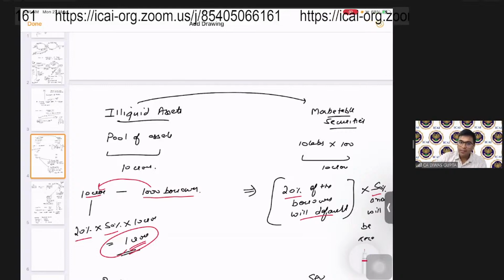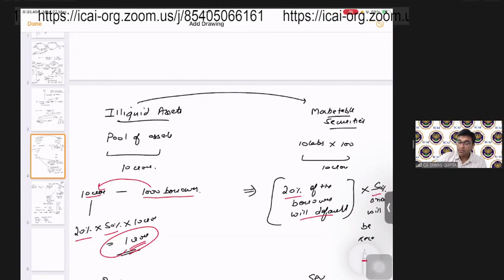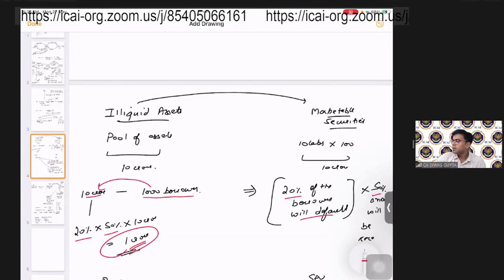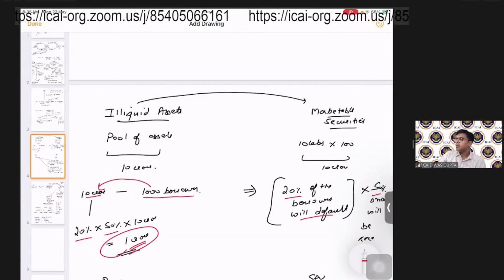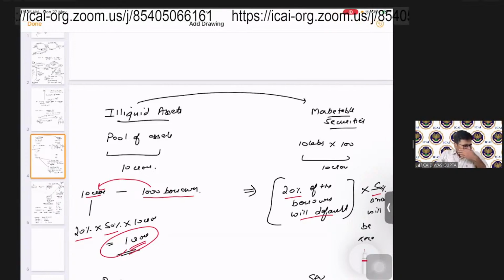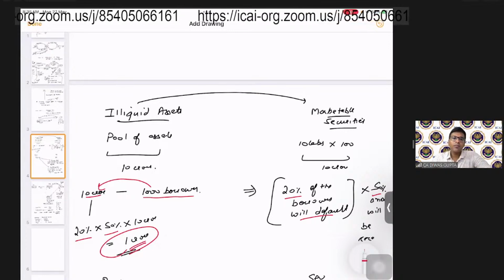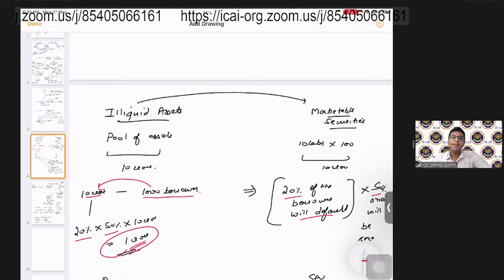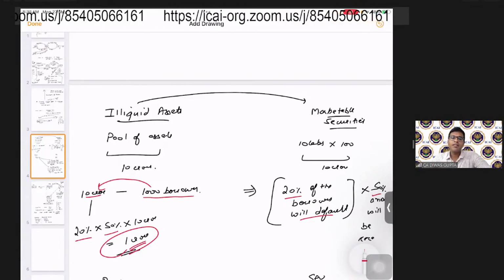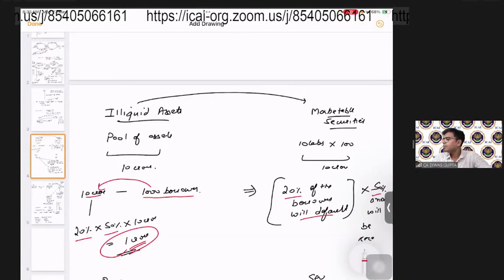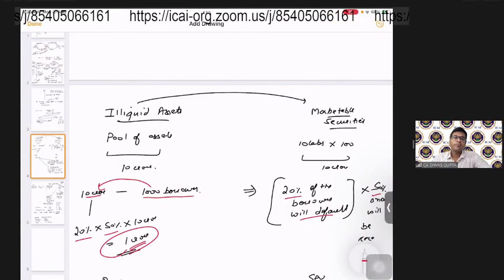Whether the bank will bear or whether the SPV will bear the loss. So Prerna is saying both. Prerna is saying bank. Abrikesh is saying SPV. And Munish is saying SPV. Okay.